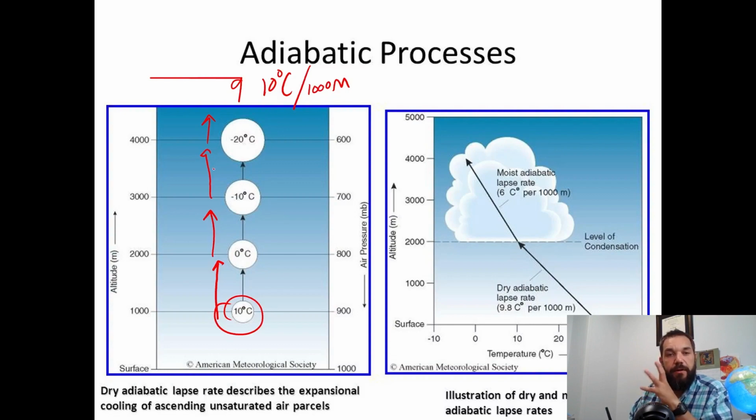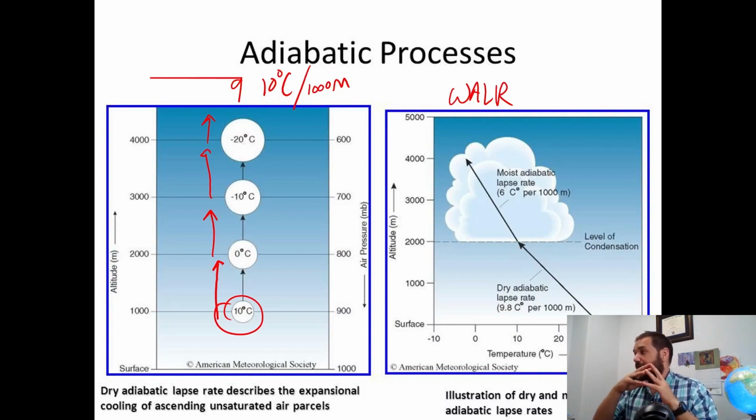On the flip side, the WALR is the wet adiabatic lapse rate. It is the rate of temperature change with altitude that happens when you have condensation. Okay, everyone, you know this already.